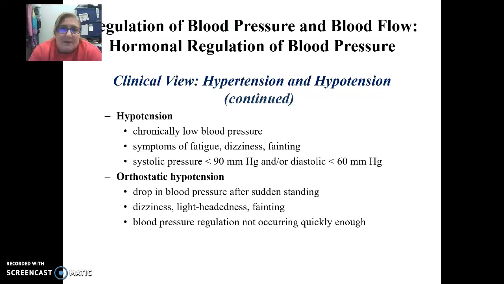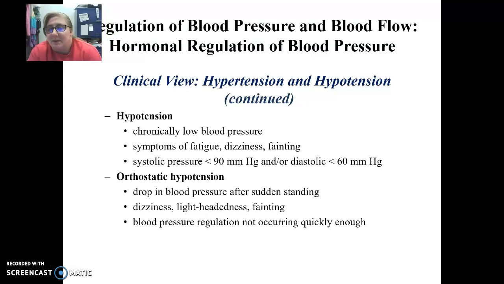We see more high blood pressure than low blood pressure, but in certain disorders, hypotension is very common, and certain individuals, especially people who have anemia, are going to be more prone to low blood pressure because they don't have as much oxygen carrying capacity.